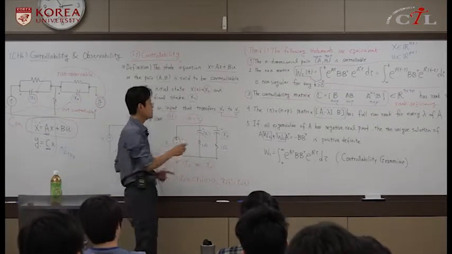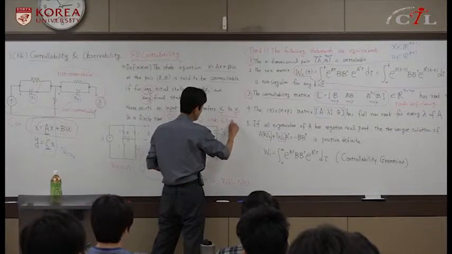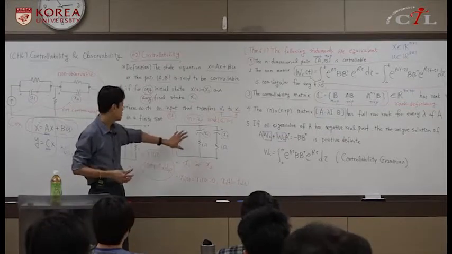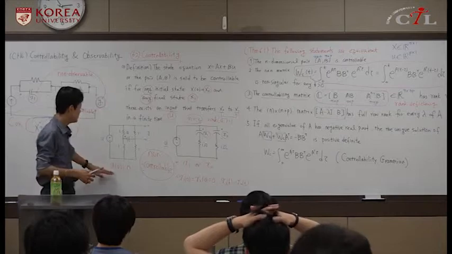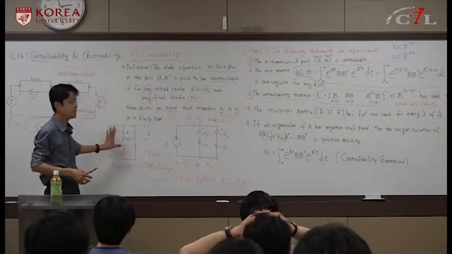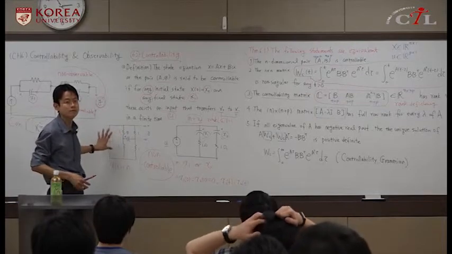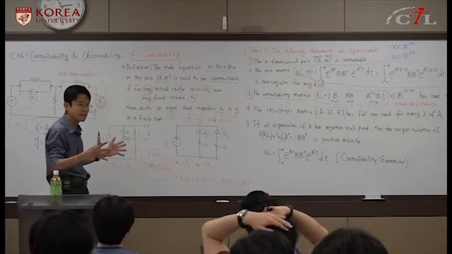Then if you check the rank of the controllability matrix, it will be 1, not 2. So we can control just one state. For this given initial condition, the controllability matrix rank may be nothing. I need to check it though. So we cannot control anything.